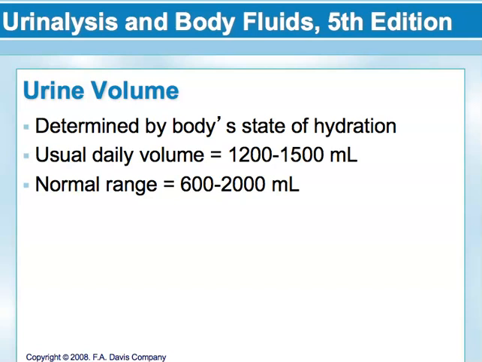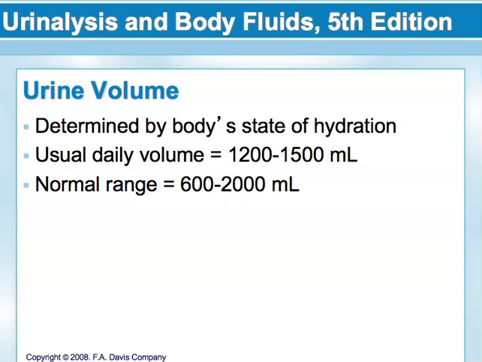Urine volume. Urine volume depends on the amount of water that the kidneys excrete, which is determined by the body's state of hydration. Some factors that can influence urine volume: fluid intake, of course, so how much is the patient drinking during a day? Fluid loss from non-renal sources, which could be through bleeding or vomiting.